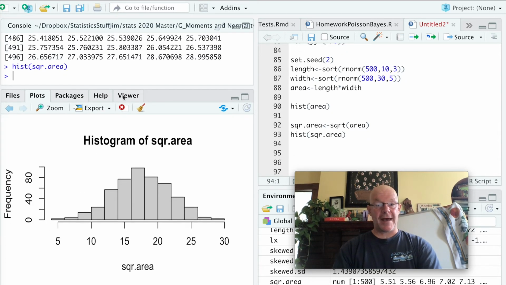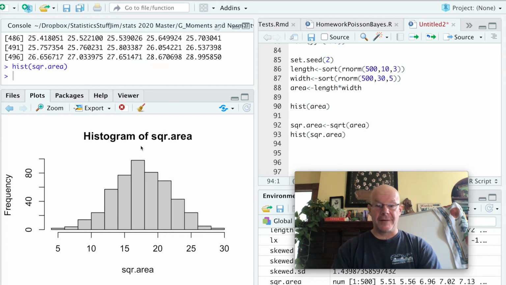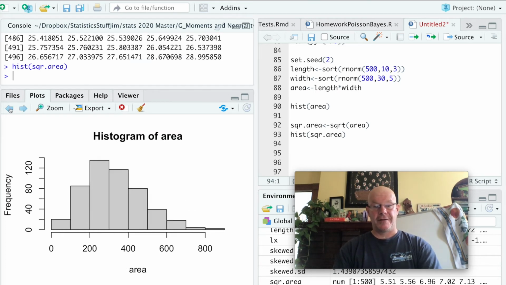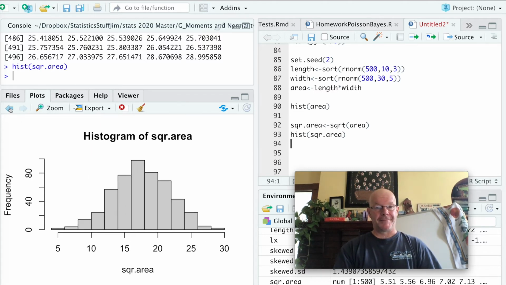And now we look at that, that looks a heck of a lot more normal-ish compared to that. And I always refer to it as normal-ish because it'll never be perfectly normal unless you had an infinite population size or an infinite sample size drawn from a truly normal population. But you know, all models are wrong. Let's make a useful model. And so that looks a little bit better.